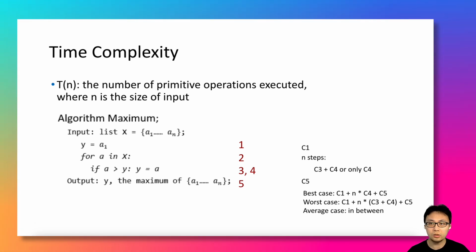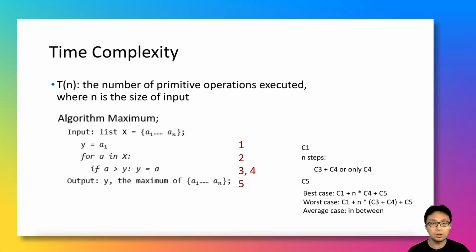So here C1, C4, and C5, they all correspond to the line 1, 4, and 5, and they stand for constant numbers. Similarly, for the worst case, Tn will be expressed as C1 plus n multiplied by C3 plus C4. In the end, we would plus C5.